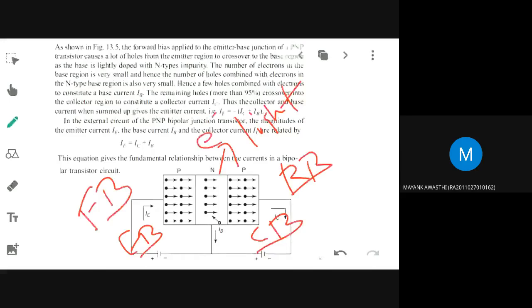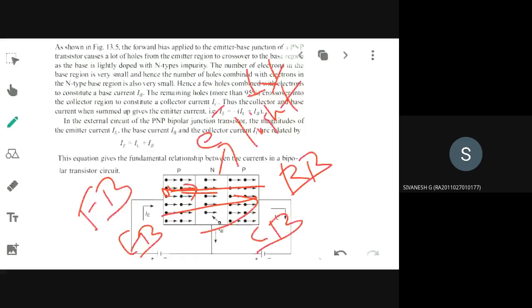Here electrons. So the number of electrons will be very less. Because of this forward bias, the holes will move through the junction, but only a little will combine with the electrons here. All the 95% of the holes will move to the collector junction. So this is what will happen if it is a PNP transistor. Both the operations are almost the same.